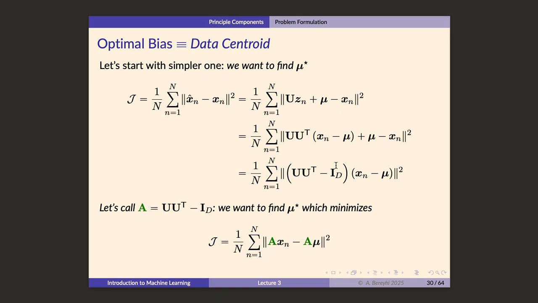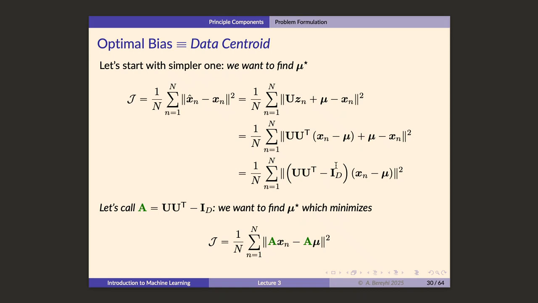Not U, mu. That vector mu, the bias. Look at the term for A. It's U transpose minus I. There is no mu there, so it does not depend on mu. It's totally independent of mu, correct?